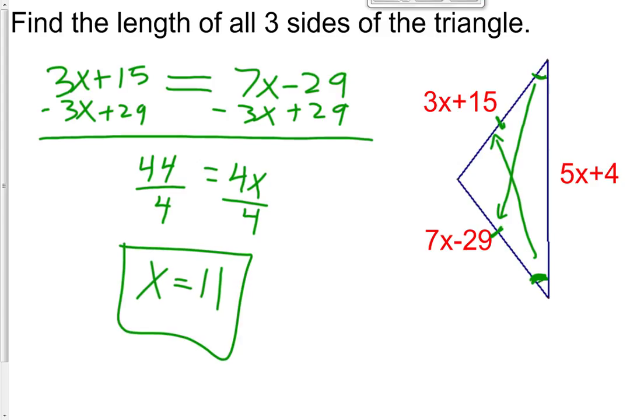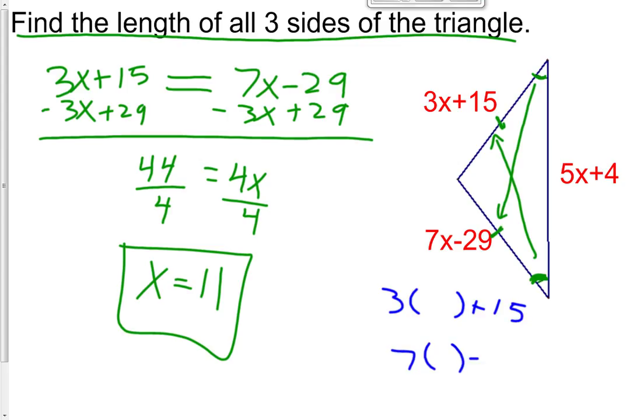So if we know x equals 11, our instructions say find the length of all three sides. So one of the lengths is 3 times x plus 15. Another length is 7 times x minus 29. And the third length is 5 times x plus 4. And of course we found x to equal 11.